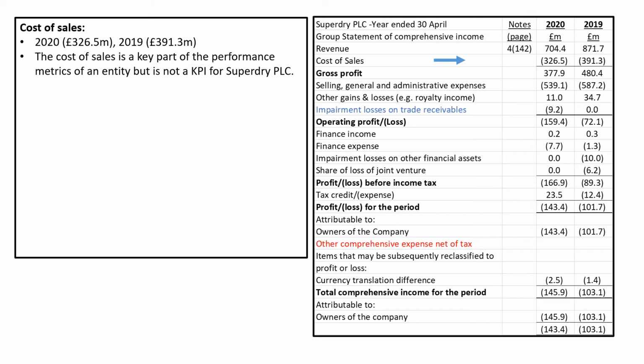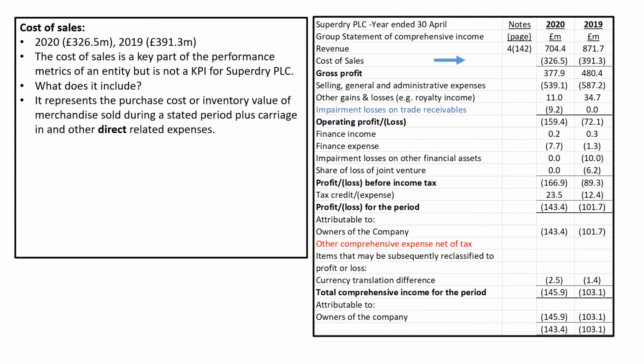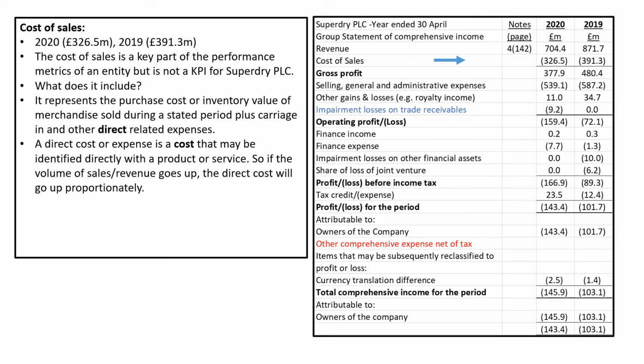Cost of sales is a key part of the performance metrics of an entity, but is not a KPI for Superdry PLC. What does it include? It represents the purchase cost or inventory value of merchandise sold during a stated period plus carriage in and other direct related expenses. A direct cost or expense is a cost that may be identified directly with a product or service.